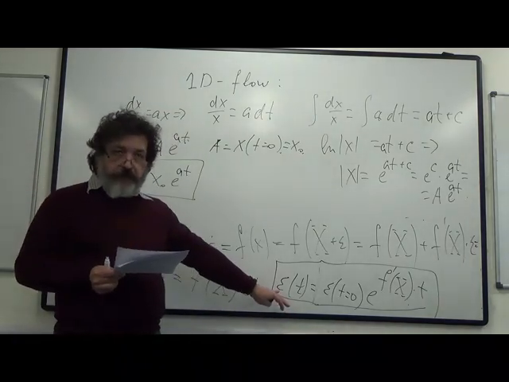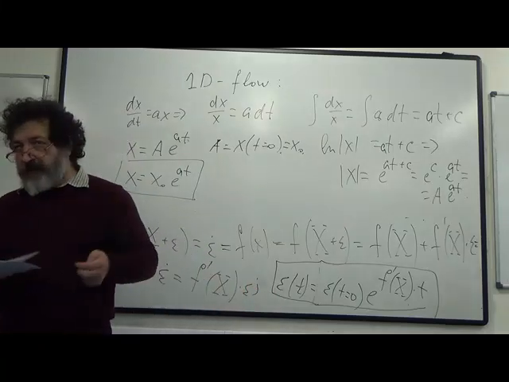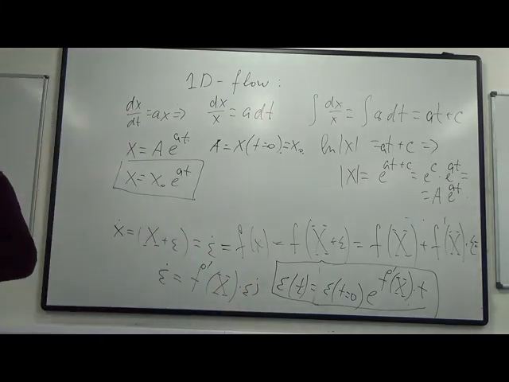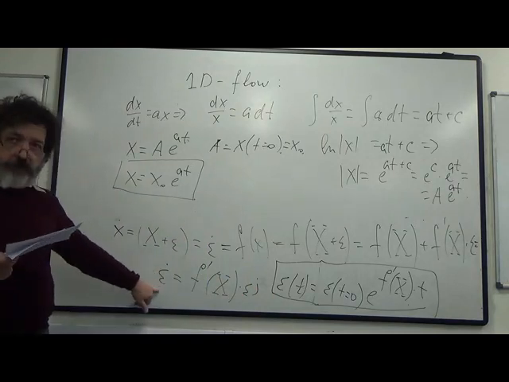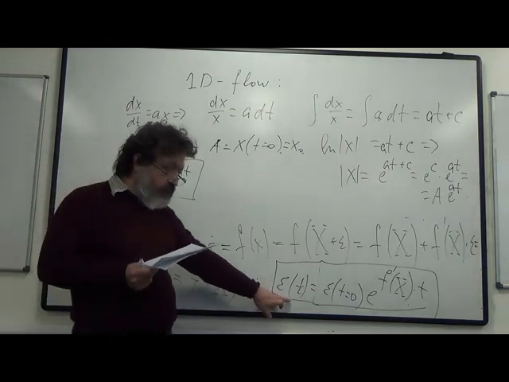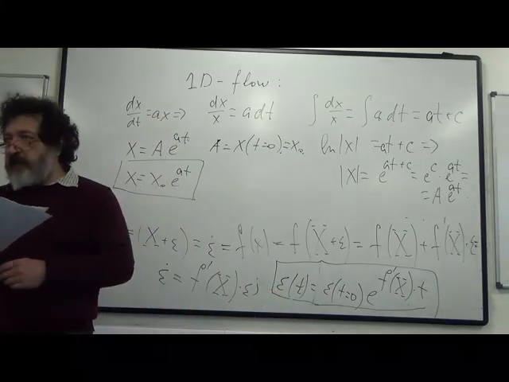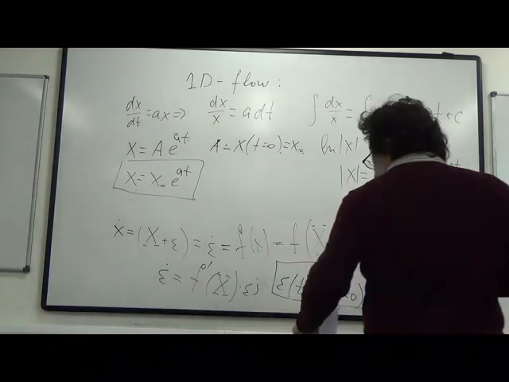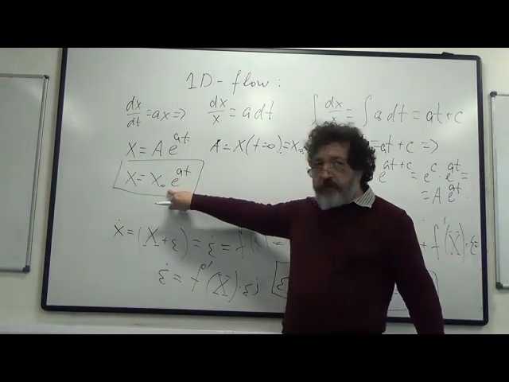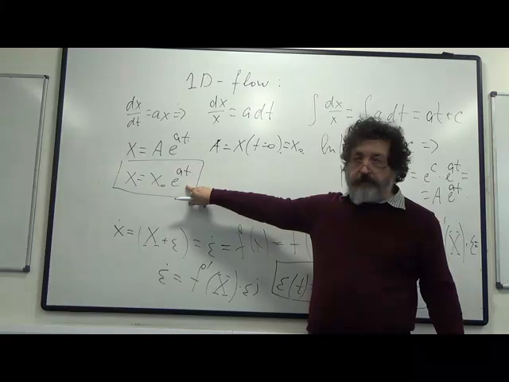We made a linear approximation for the equation for epsilon, and for this linear approximation we found a solution. What can we conclude from this solution? What happens to x in the course of time?